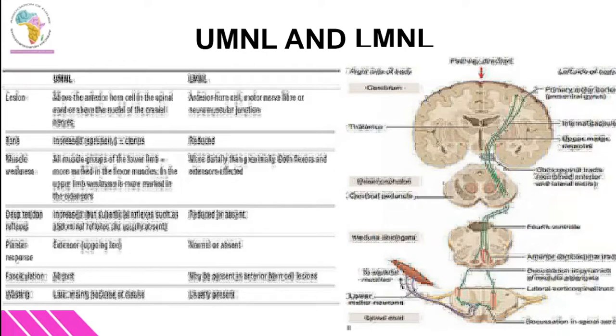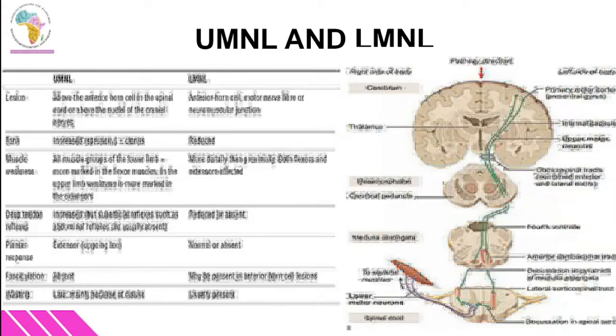The descending tract, which is the corticospinal tract, is the one tract that one has to understand in order to understand the upper and the lower motor neuron lesions. So we need to know which are the upper motor neurons and the lower motor neurons.